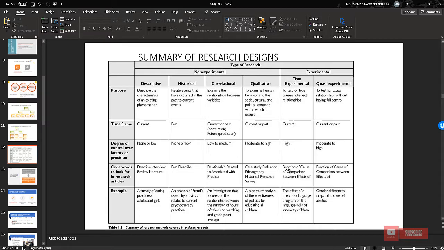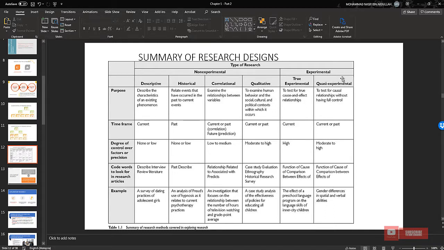The keywords that we're going to search to find the research article may be function of, cause, comparison between, effect of, and so forth. The example is the effect of the preschool language program on the language scale of inner city children. So this is one example of true experimental research.